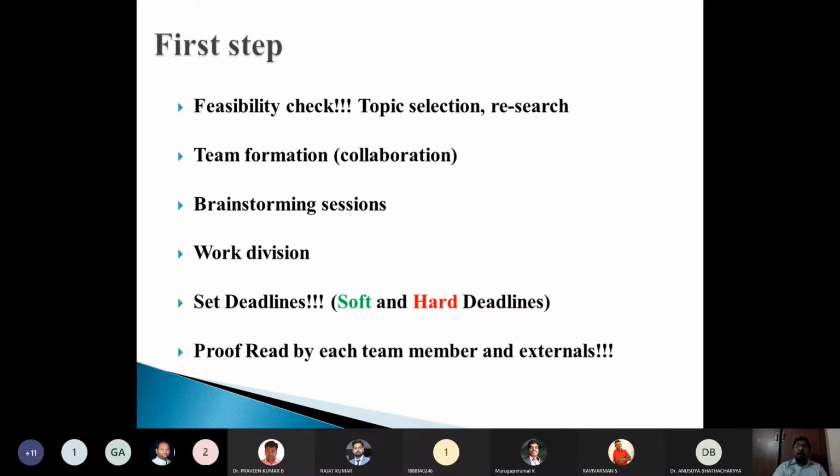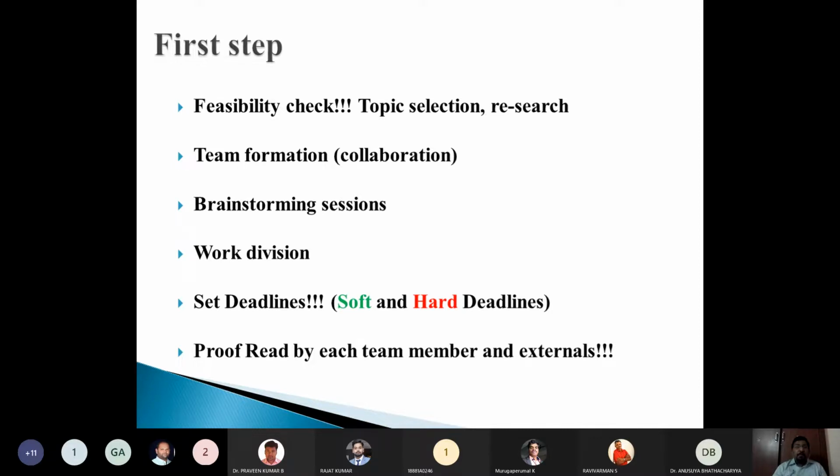Certain members would be really good in English writing, so we can have them proofread. Or certain members would be really good in blueprinting your work. What I mean by blueprinting is the architecture: how do I design my proposal so that it could be understood by the readers?